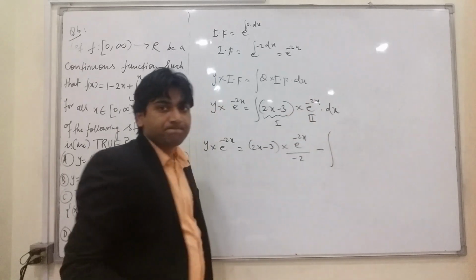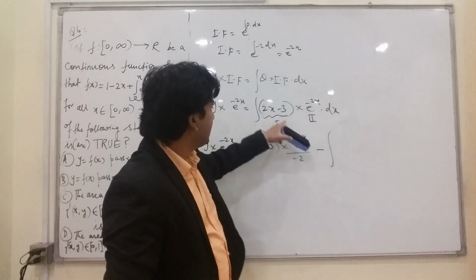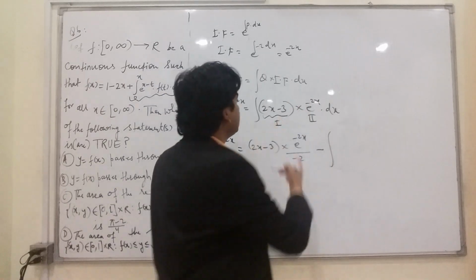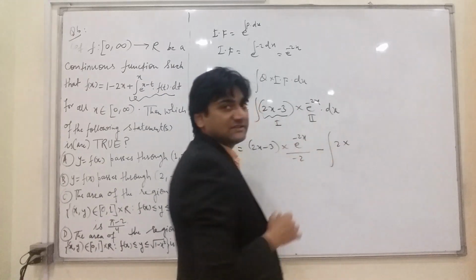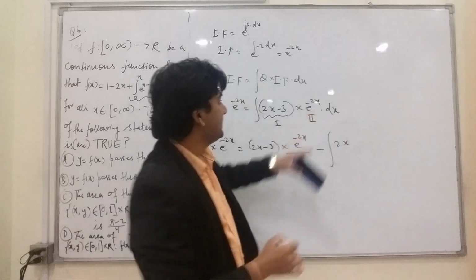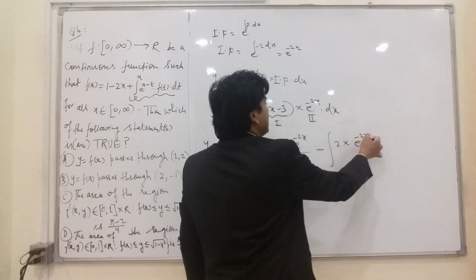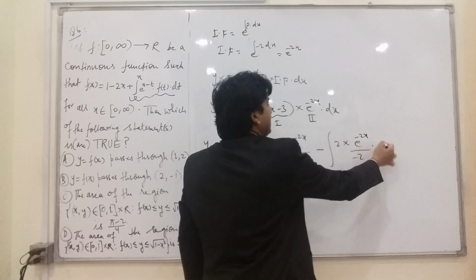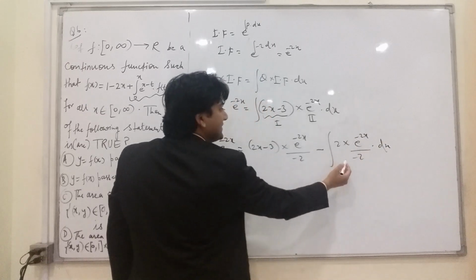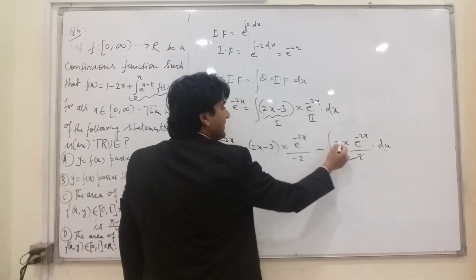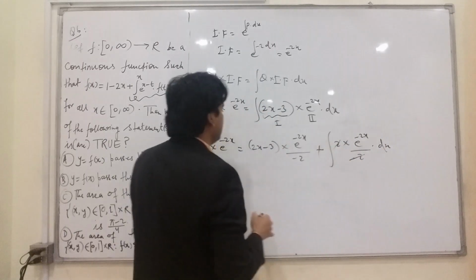Then minus the integral: we differentiate the first one, 2x minus 3, which gives 2, and integrate e raised to minus 2x, which is e raised to minus 2x over minus 2, dx. Now this is minus 2 and this is also minus 2, so it will be plus.